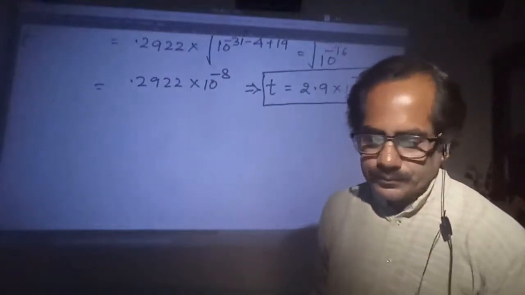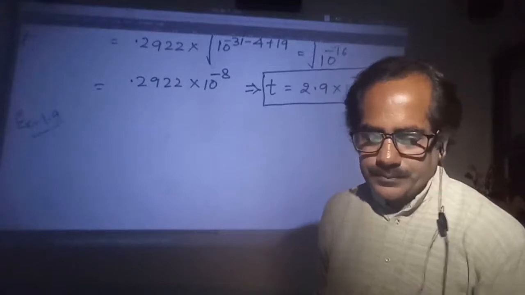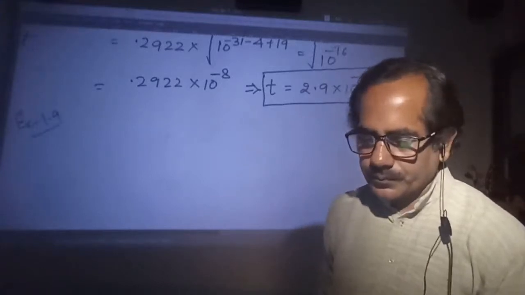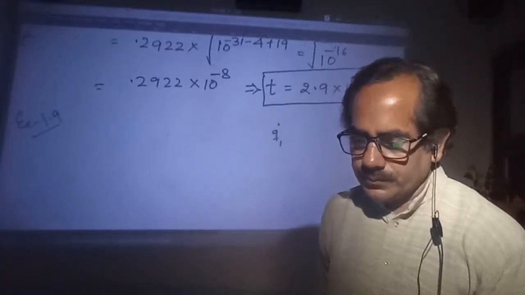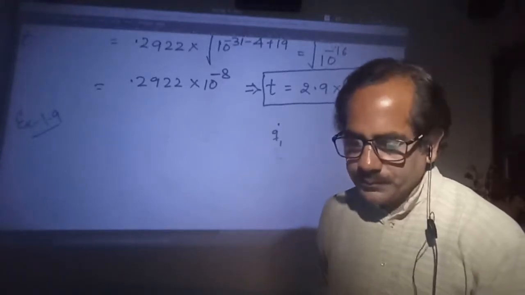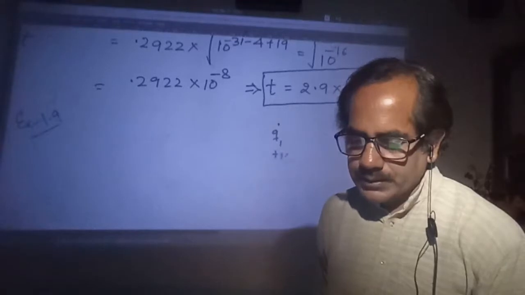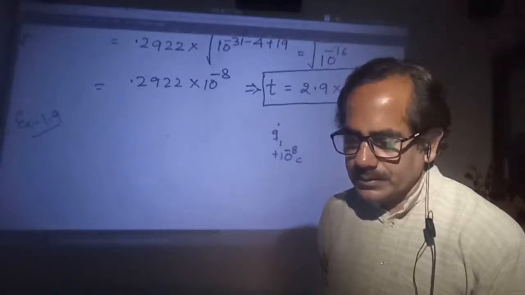Example 1.9. We have two charges Q1, Q2 having the values plus 10 to the power minus 8 coulomb, and this is minus 10 to the power minus 8 coulomb.